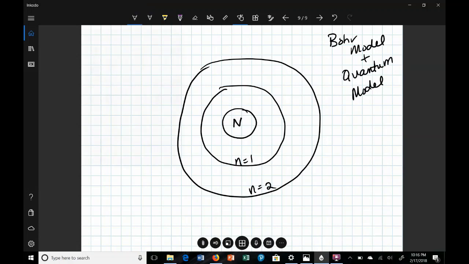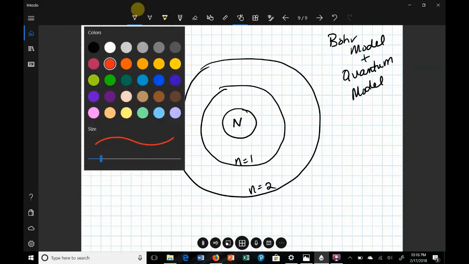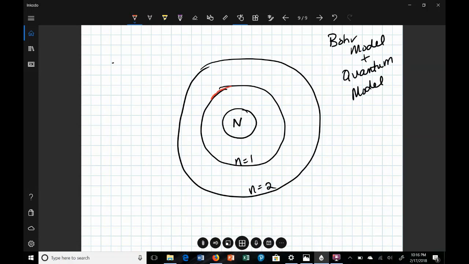So if we take a look at each energy level, on the first energy level, we have an s orbital. It's spherical and it can hold 2 electrons. Let's say this is 3-dimensional, but I'm drawing it on a 2D space.